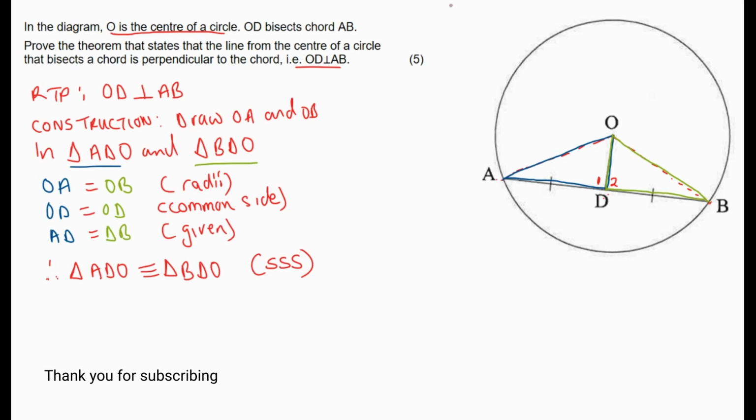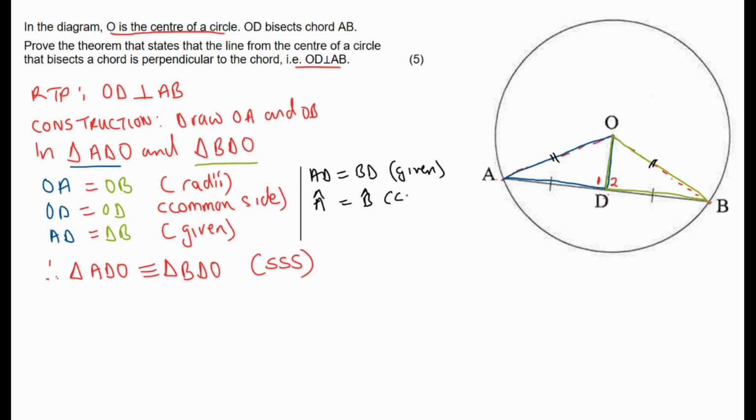Let me show you if you wanted to use side, angle, side. We could have used side, angle, side here. So we can say AD is equal to BD, and then we can say we're given that, and then we can say angle A is equal to angle B, because OA and OB are equal. These are radii. OA and OB are equal.